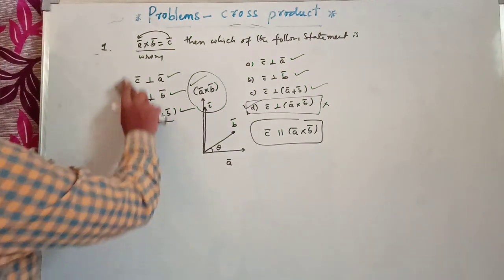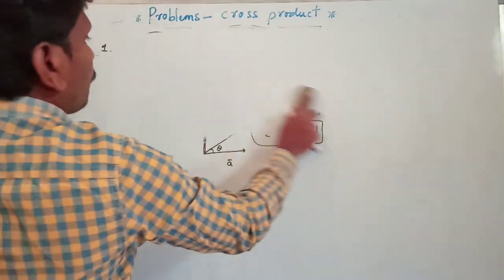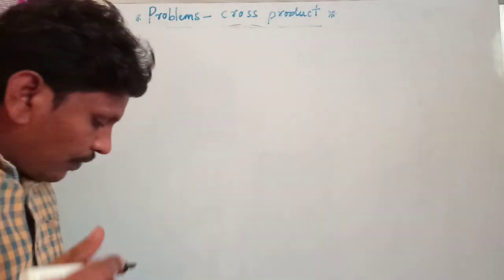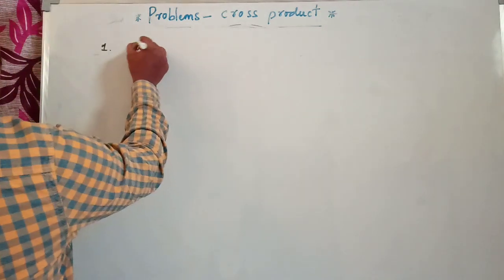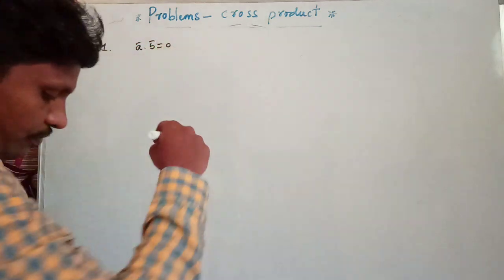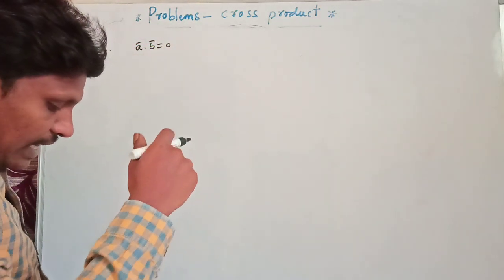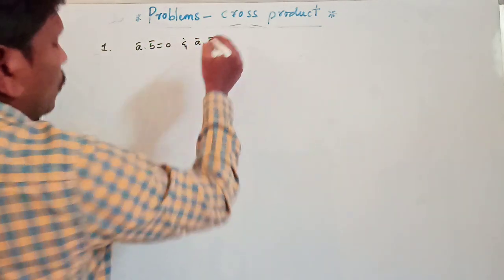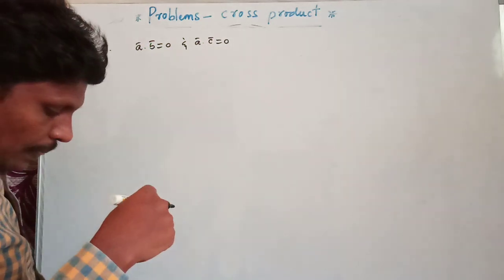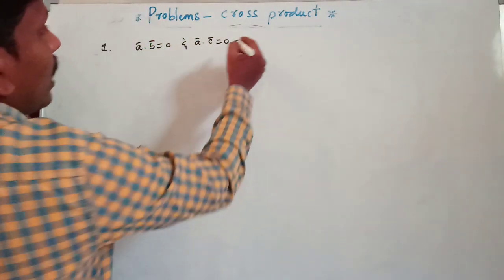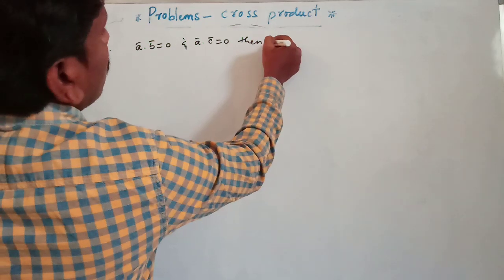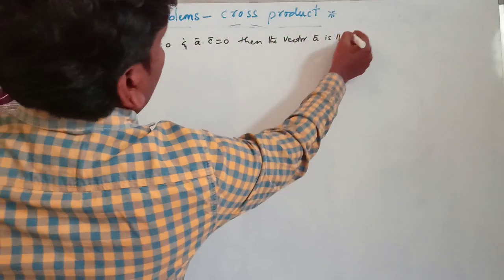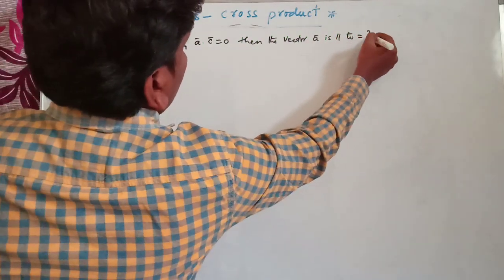Now let us see in the same way. One more question is there. A bar dot B bar equal to 0, and A bar dot C bar equal to 0. Then the vector A bar is parallel to what?